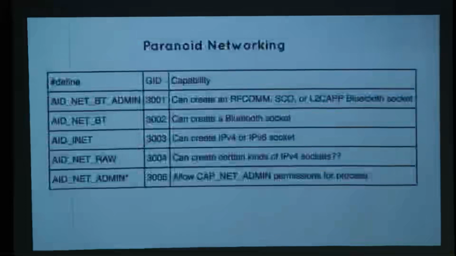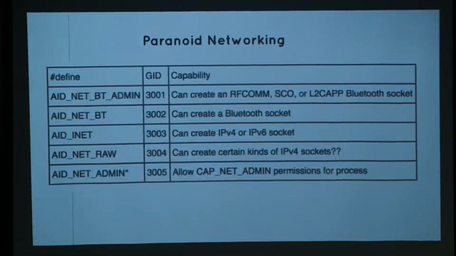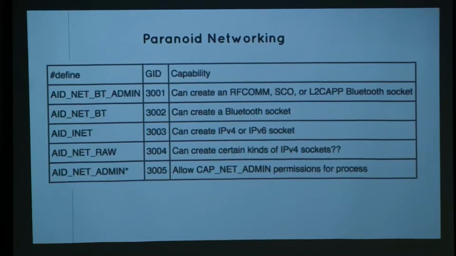And then paranoid networking. Paranoid networking is basically verifying that the application is in the correct group to have network capabilities, whether that be internet, IPv4, IPv6, Bluetooth.